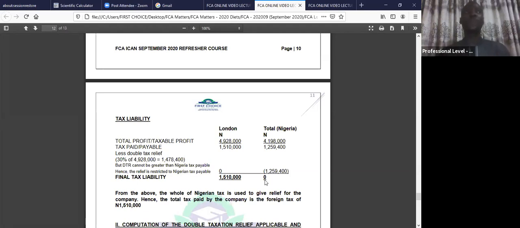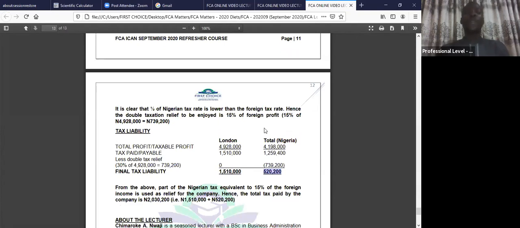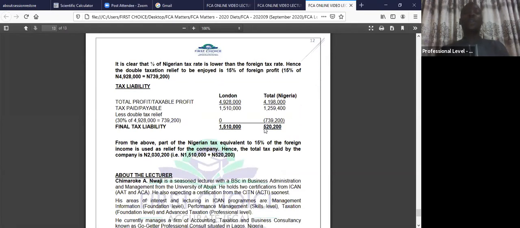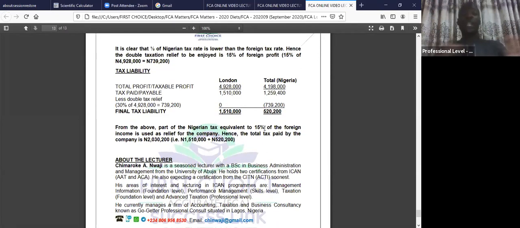So you see one of the advantages of Nigerian double taxation treaties with foreign countries is that it helps encourage businesses to thrive. So far so good. This is what we can learn today.